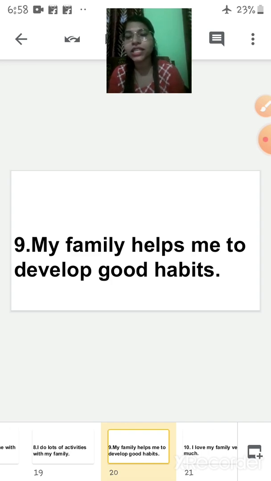So these are the good habits, like obeying your parents and helping them with their work. So my family helps me to develop good habits.